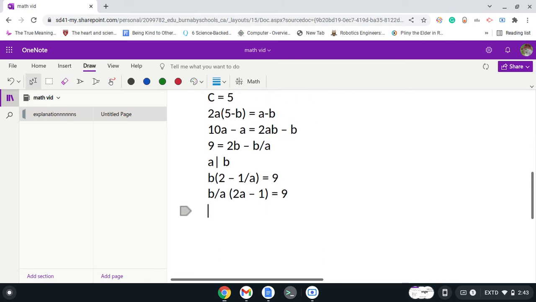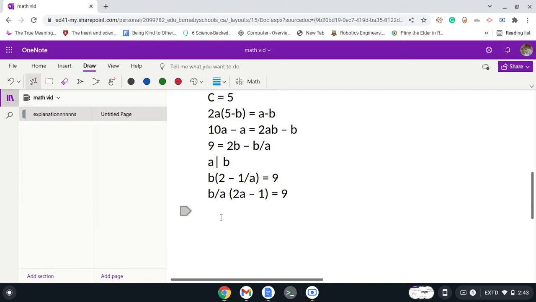Okay, so since b over a is an integer, it is a positive integer factor of 9. So now we can test cases here for b over a equal to 1 through 9.